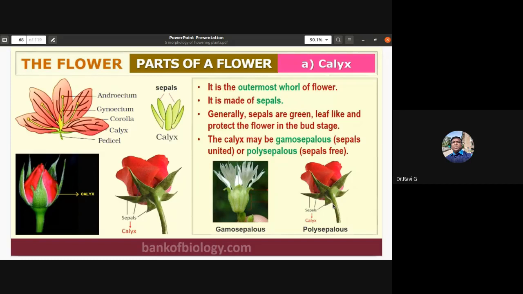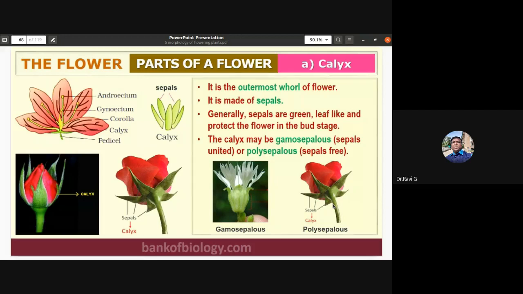Then there is persistent calyx. You have seen this in brinjal, or capsicum, whatever you call it. Don't you see that they have a stalk with a crown-like thing? Those crown-like structures are sepals. Generally, sepals wither away after the formation of fruit. But in case of this Capsicum frutescens, persistent calyx is found.